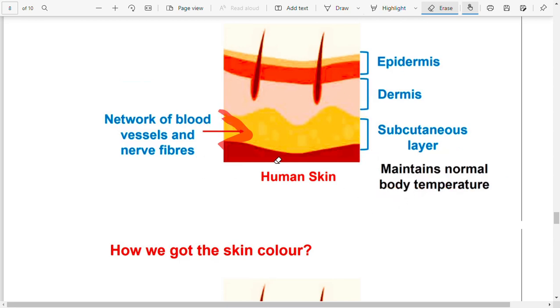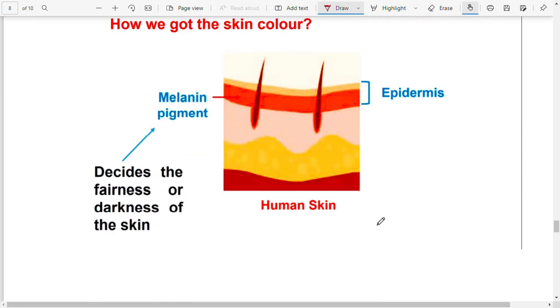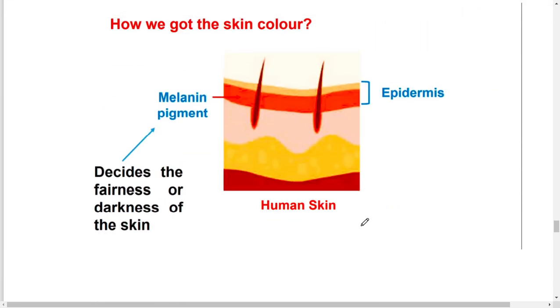Okay. Now, how do we get the color of the skin? It is due to melanin, which is a pigment. Melanin is present in the cells of the epidermis layer.